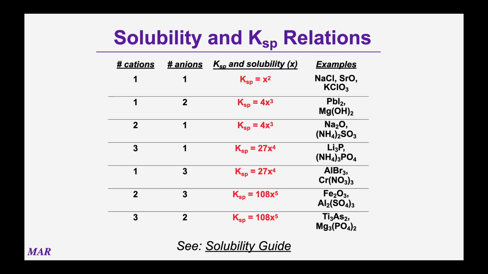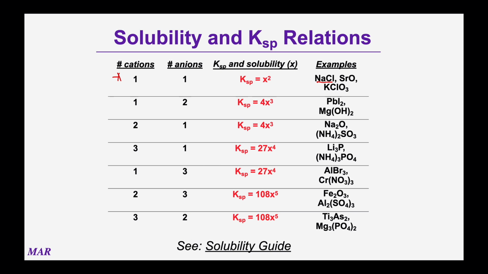This page shows the different relationships between solubility X and KSP. Now, in the first one up here, there was 1 cation and 1 anion. So for things like sodium chloride, KSP would be sodium ions times chloride ions. And because solubility is how much of each of those are created, it would be like X times X or X squared.